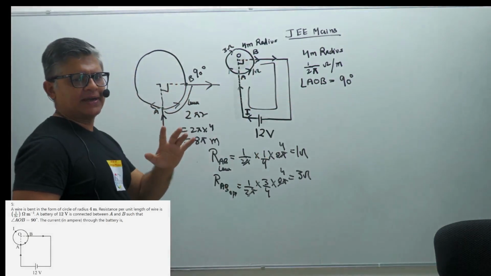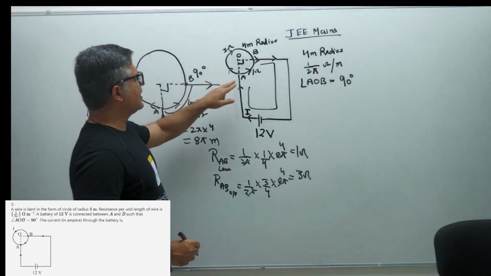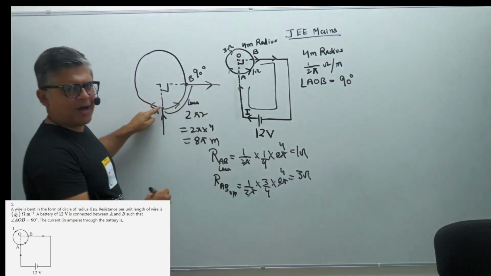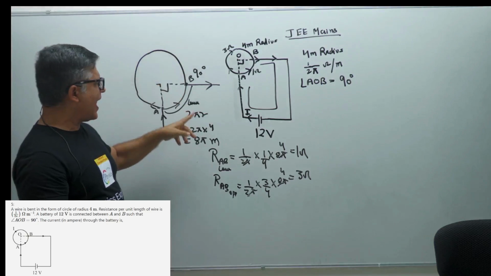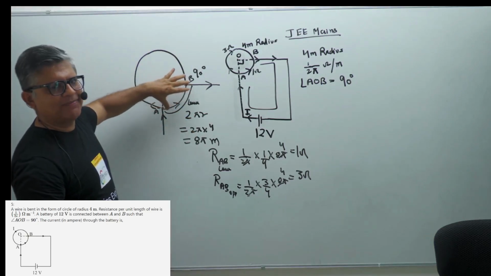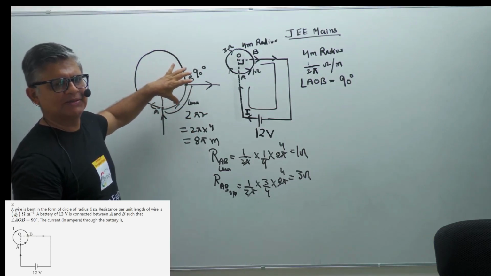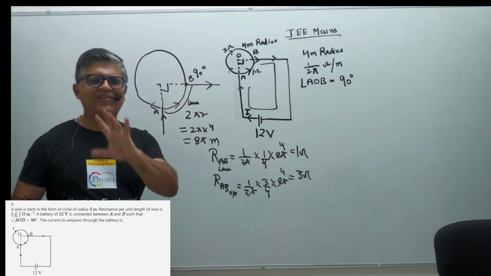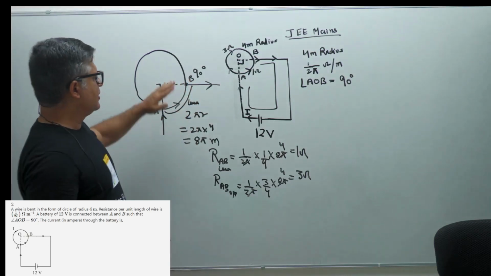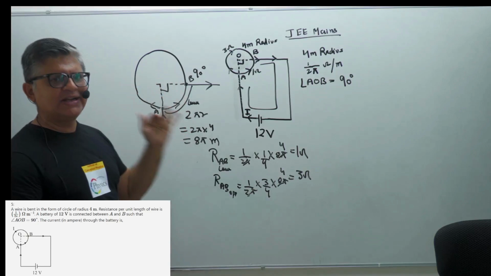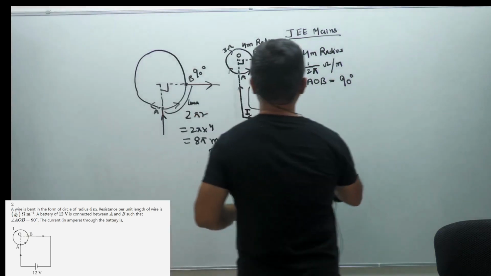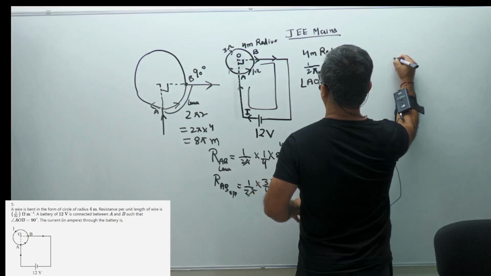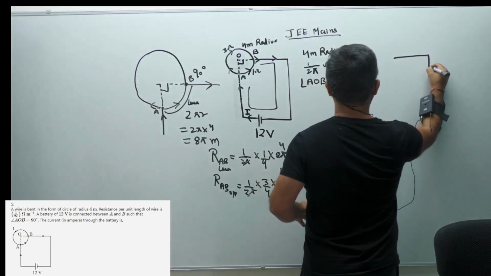No need of doing that, because if you notice, the upper arc and the lower arc are connected between the same points. The potential difference between A and B is fixed. Therefore, I can redraw this circuit as this. So I'm going to redraw this circuit.